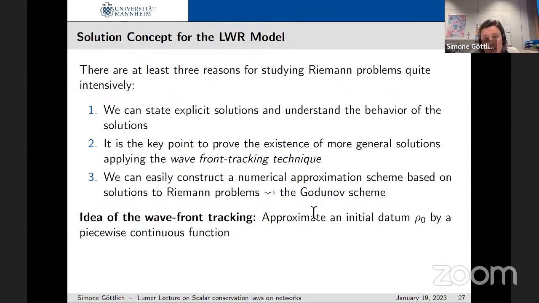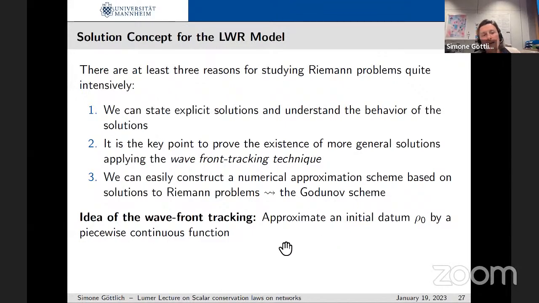I come to this point in a few minutes. And based on the idea of Riemann problems, we can construct in a very straightforward way also a numerical approximation to numerically solve our conservation law. And this approximation is called the so-called Godunov scheme.